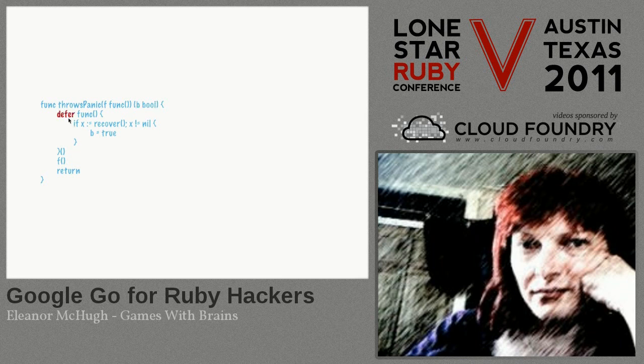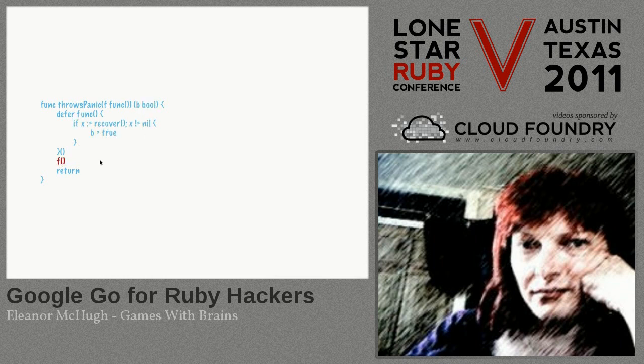Defer is basically like an ensure in C, or there is ensure lurking in Ruby, but I never use it. These functions will then run in reverse order to the order they're defined in. All this is doing is a quick test to see whether or not there's been a panic. And panics will always return a value unless you yourself panic with a nil, which is a handy way of doing catch throw.